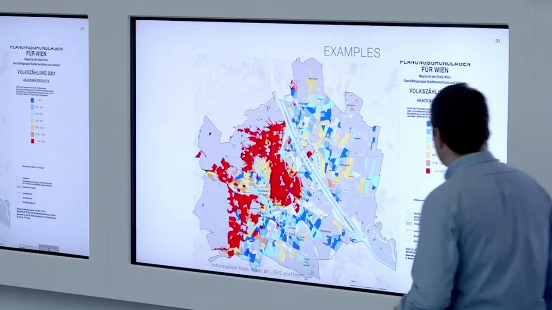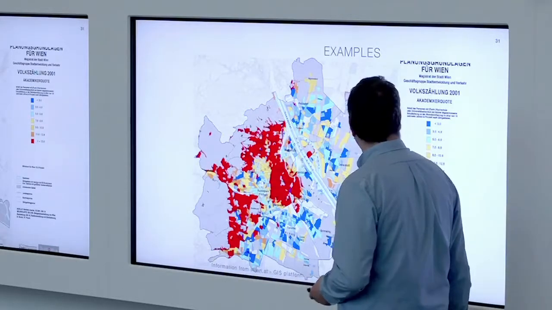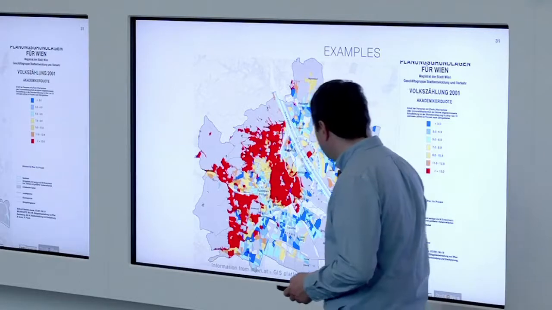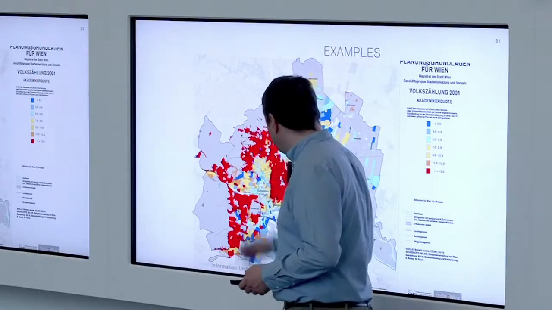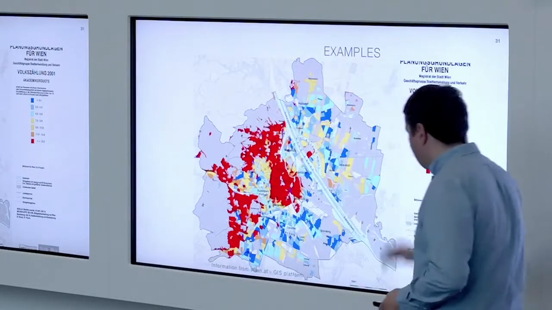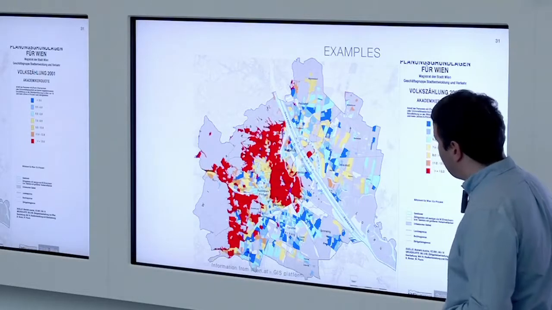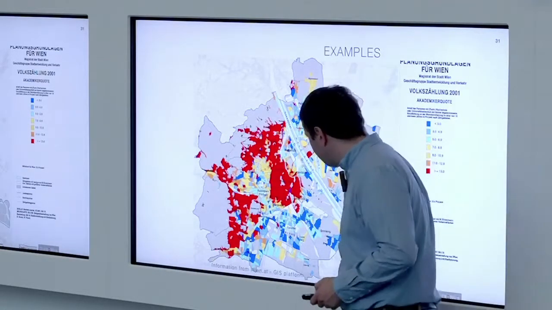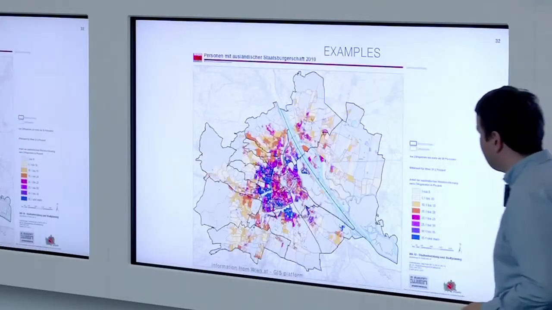Other examples of what you can make are like Akademikerquote, so how many people are here with a higher education degree, how they are spread through the city. That's very important for segregation, different kinds of things, if you want to circumvent that.